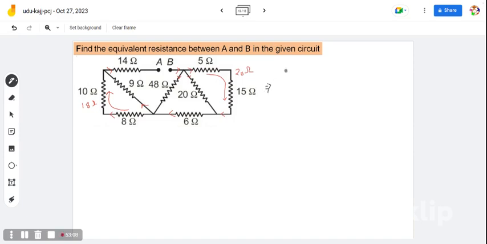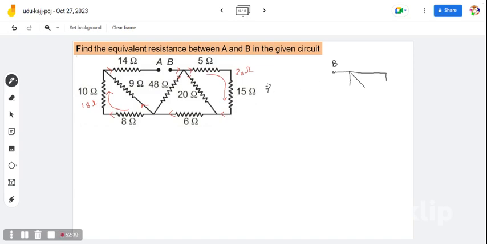Through B, this we have reduced. One branch is 48 ohms, one branch is 48 ohms, one branch is 20 ohms, one branch is 20 ohms, and another branch we have reduced, 5 plus 15, 20 ohms.